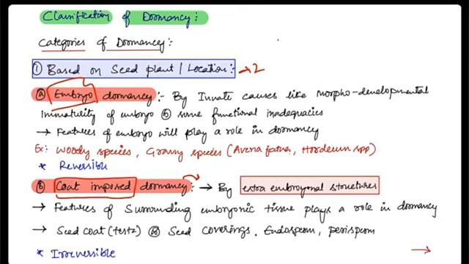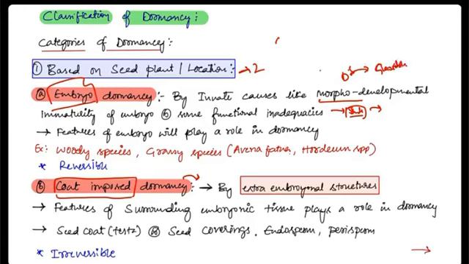But out of these two, if the dormancy is because of the embryo, it is because of morpho-developmental immaturity. It is just because of the seed development process that the dormancy has occurred. So if they develop the capacity to grow later, in that case this dormancy can be reverted into germination, or dormant seeds can now be called viable seeds.